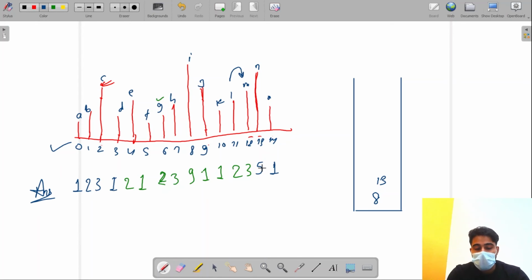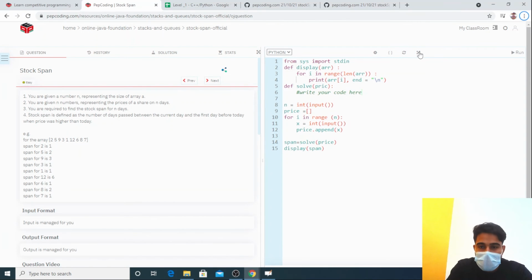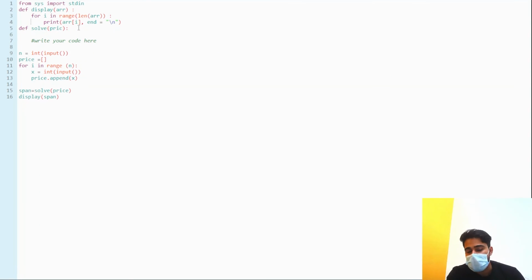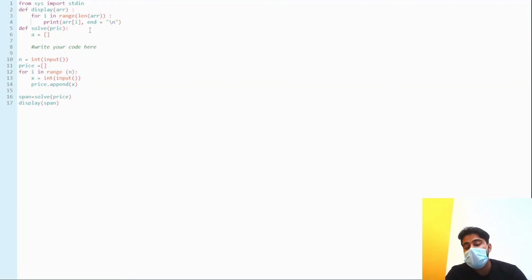This is your Pepcoding portal. Let's write code here. We need to write the code into the solve function. At first we create an array, in Python we create a list. This list will store nothing but our answer. Let me create the list, a equals, now let me create another list which acts as a stack.